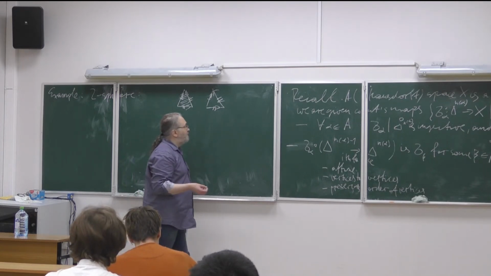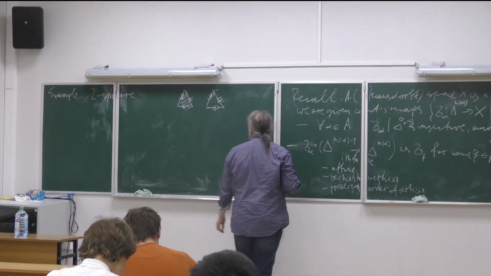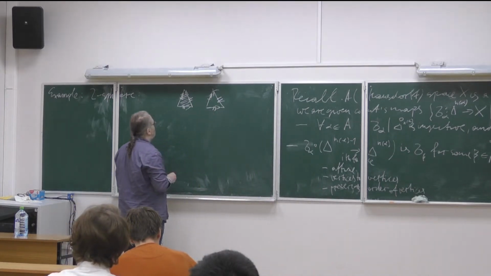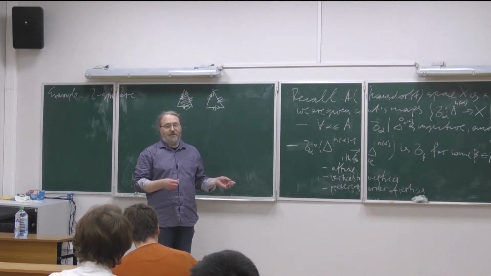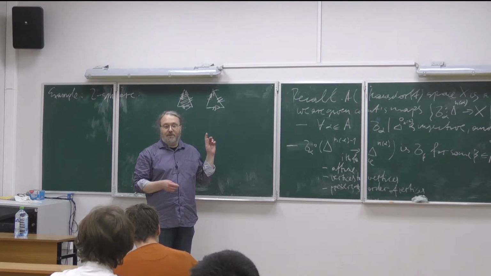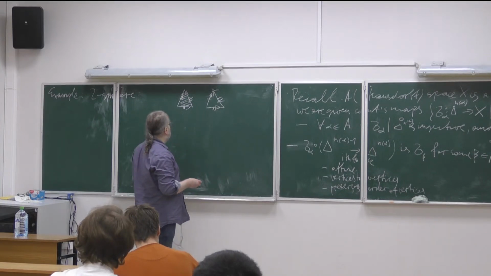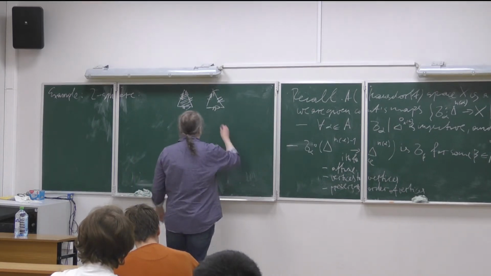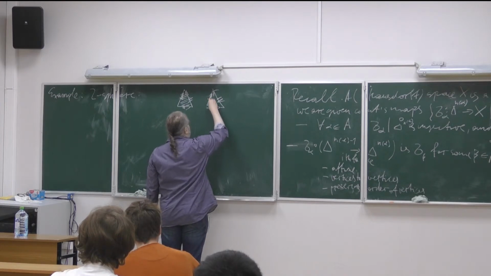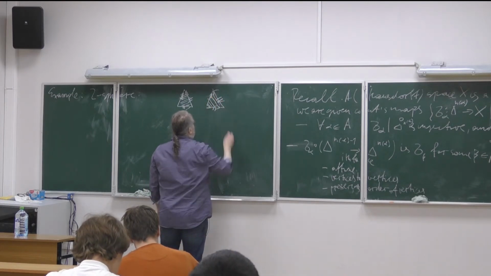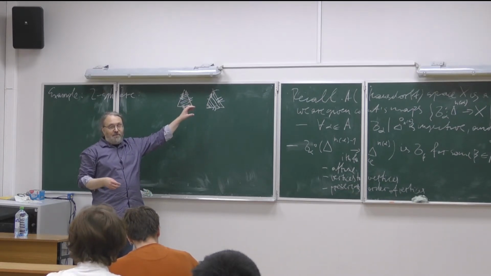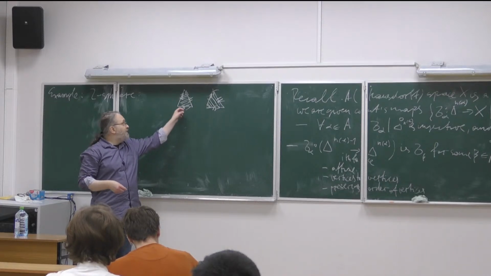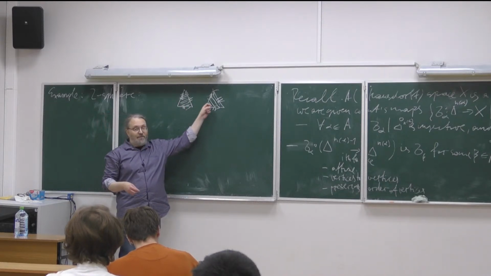Then we have the second triangle. I just want to show that this is not the same triangle. Now we take two triangles, label the edges, and then identify both triangles using these identifications.